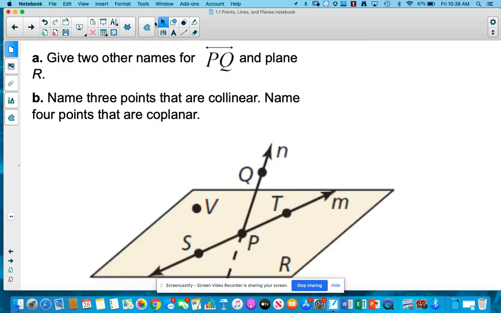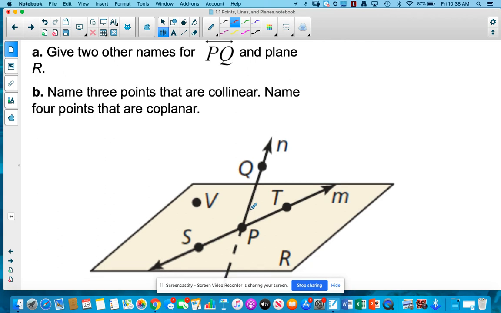Okay, so give 2 other names for line PQ.